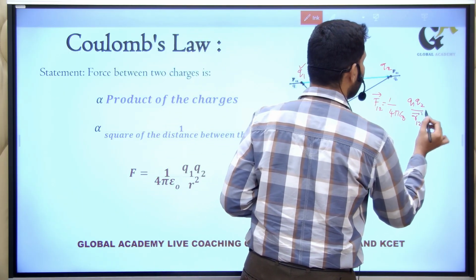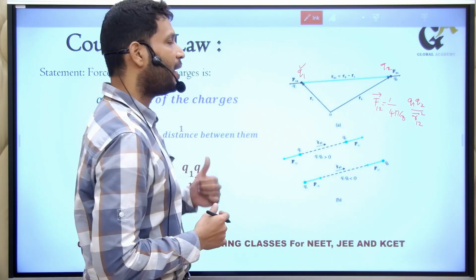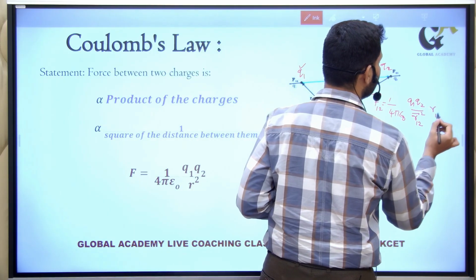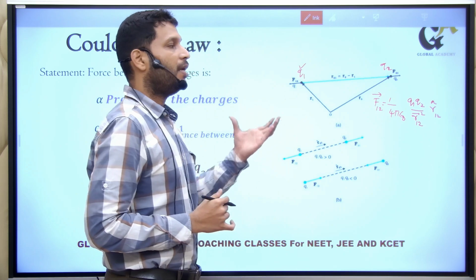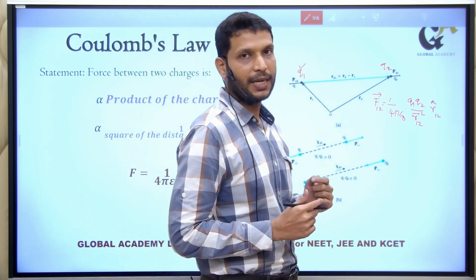So it is in a vector format, therefore you have to put a vector symbol over that r square, and its unit vector you have to represent, that is r12 cap.